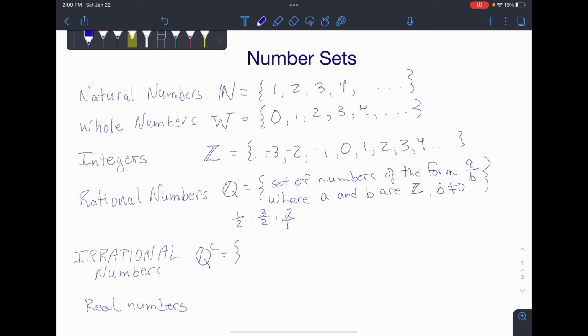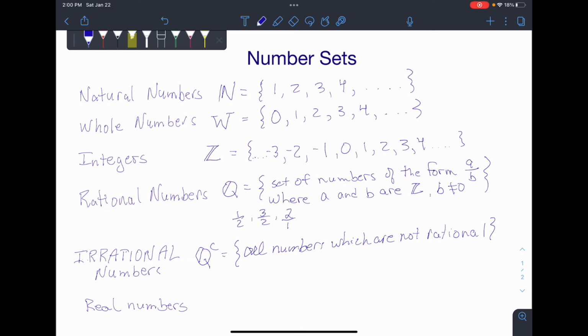The irrational numbers are the set of all numbers which are not rational. Any number in this set is not in the previous set. So any number which can't be written as a fraction.